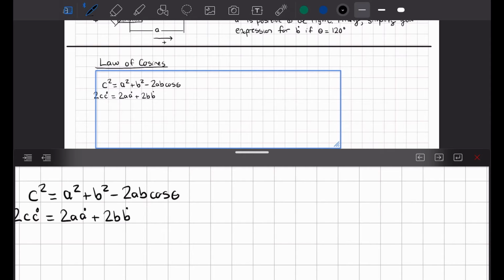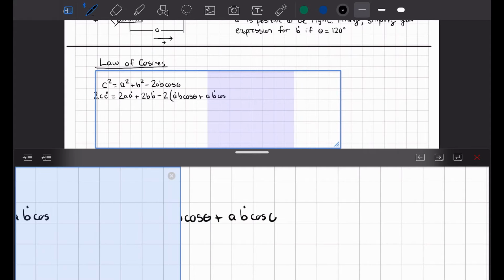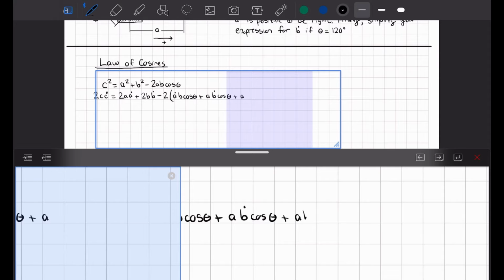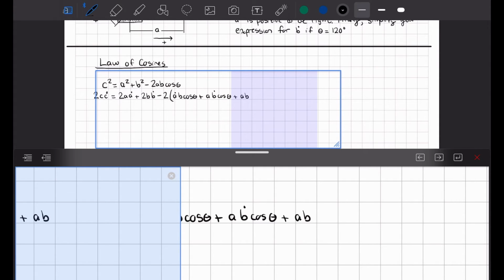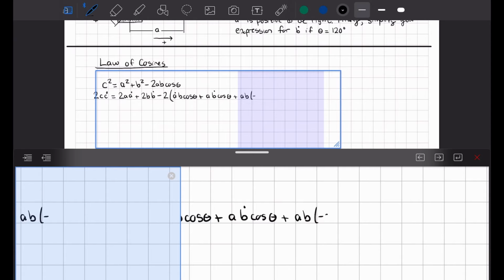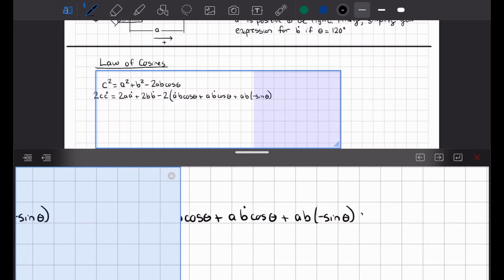While it might be apparent that theta does not depend on time, I will write it as if it does, and then we will see some terms cancel later on. So I'll pull the 2 out now, so minus 2, and then the entire quantity will go right in order. We have a dot b cosine theta plus a b dot cosine theta plus a b, take the derivative of cosine, which is negative sine theta and theta dot.